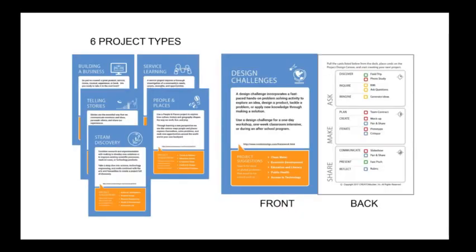One of the ways that we approached it is we developed 6 different project types that allow teachers to get their heads wrapped around it, whether it's a STEAM discovery, that kind of lens. Are you looking at maybe a service learning project, or something like building a business, or telling stories?